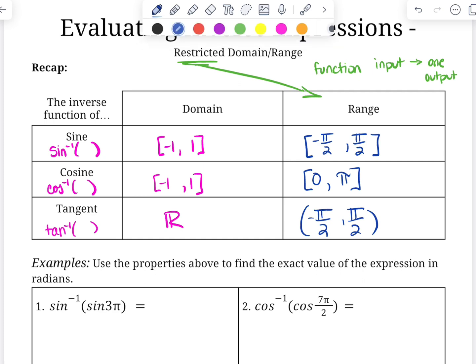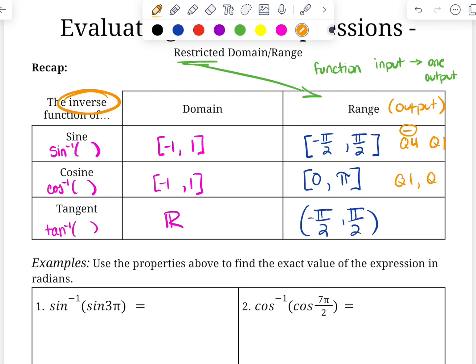So here's what this boils down to. If you're using the inverse function and you're evaluating the inverse, your answers, remember this is your outputs, are only going to land in quadrant 4 and quadrant 1, and they're going to be negative angles in quadrant 4, and positive in quadrant 1.